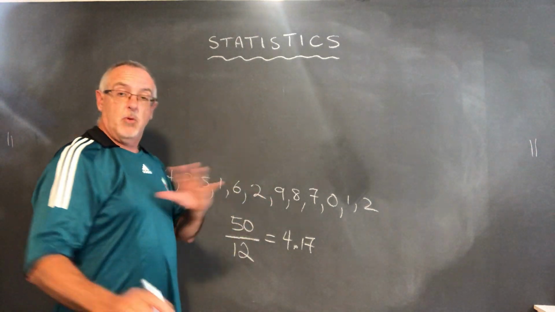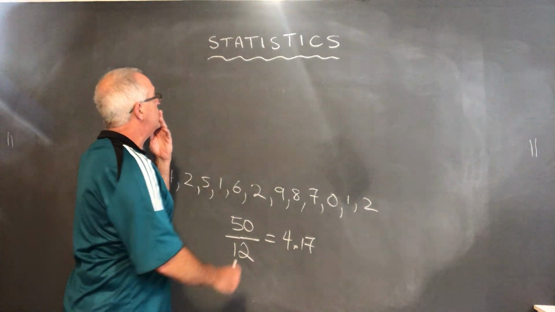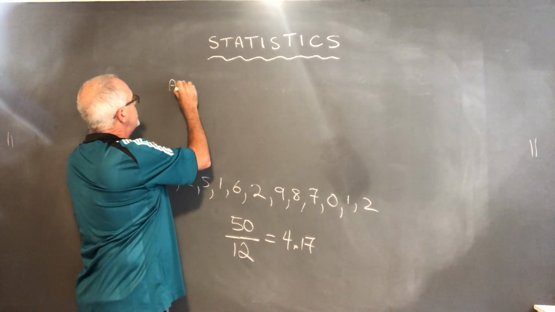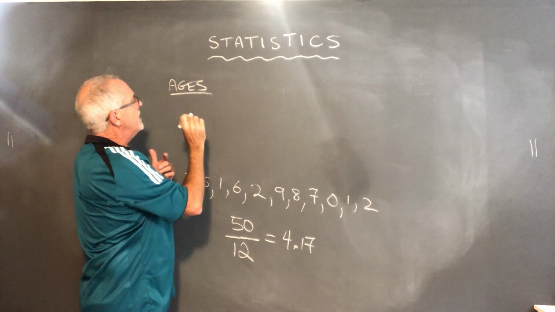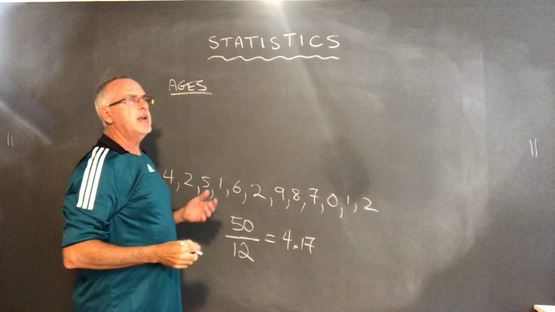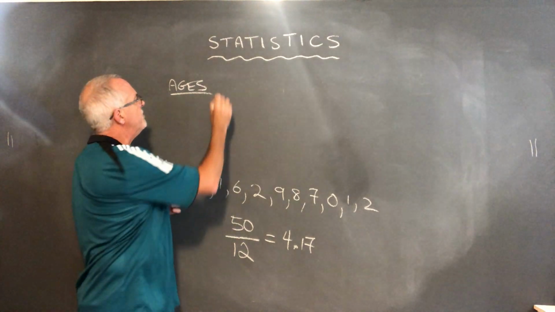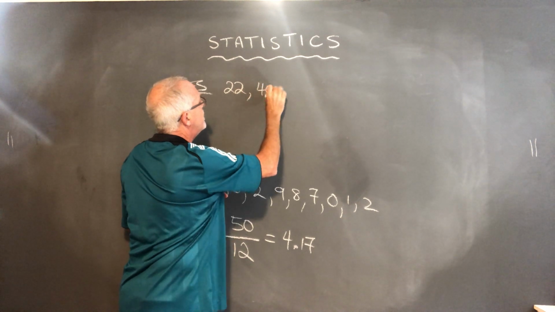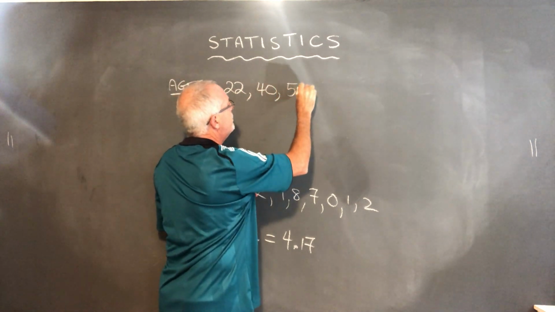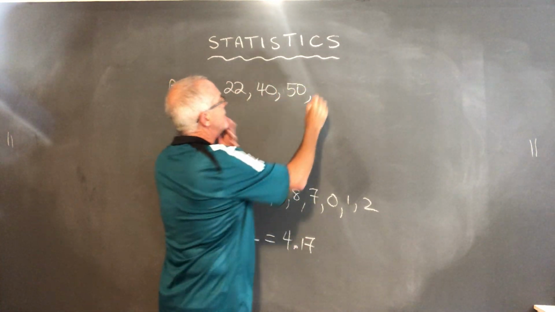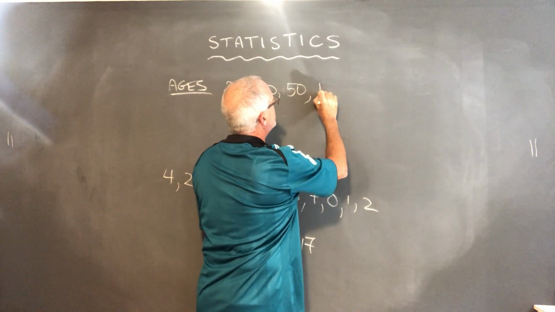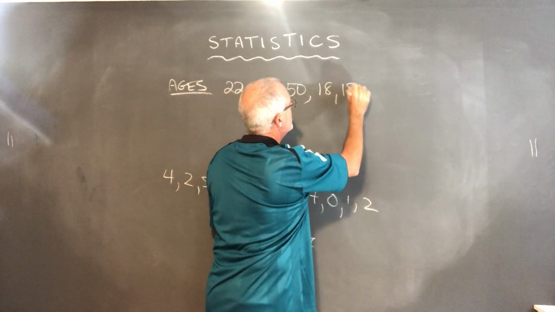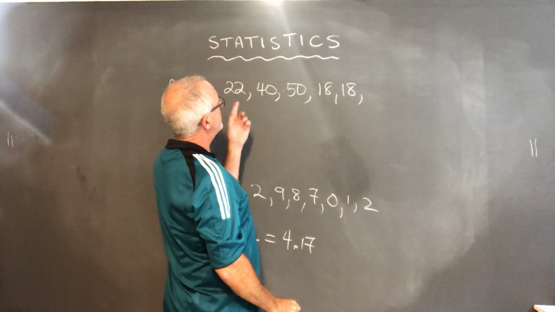I'm going to use 10 ages, so I'll write ages and I will list 10 ages. I'm sort of making up numbers at random. Let's say we have a 22-year-old, we have a 40-year-old, we have a 50-year-old. Let's say we have some 18-year-old twins, and that's 5 of them.